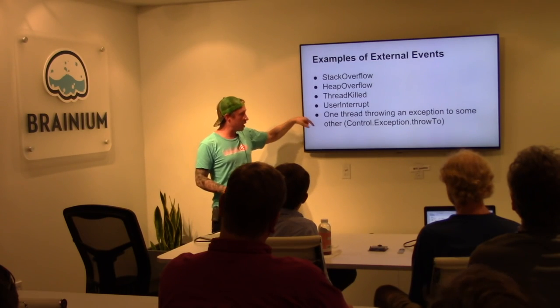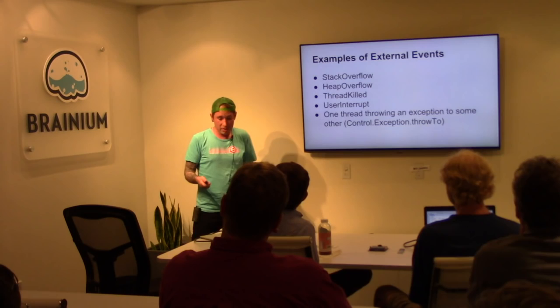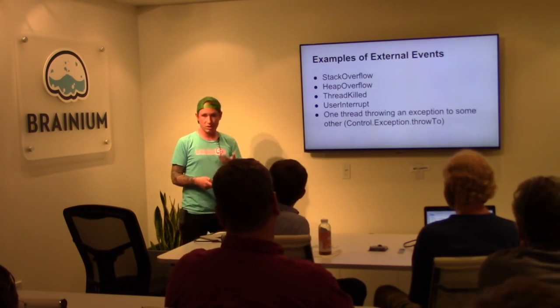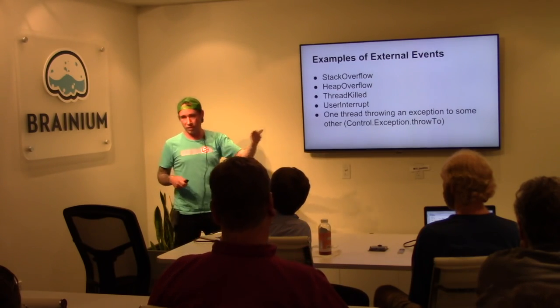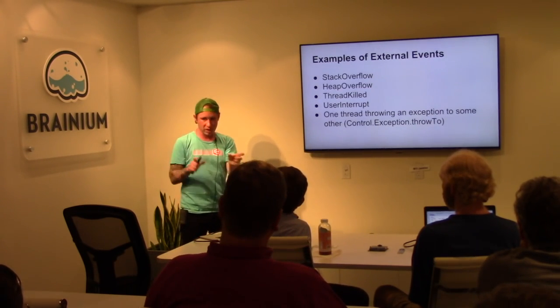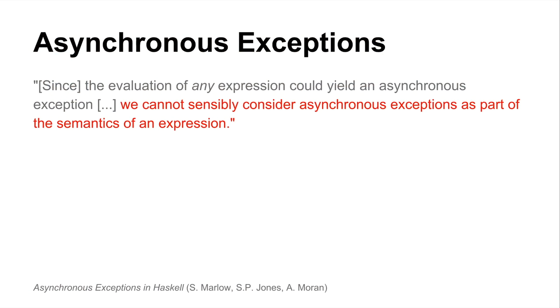These are all things that raise asynchronous exceptions, and they're not going to be part of the semantics of your program, because the stack could overflow at any point, reducing any one of these expressions that ultimately compose together to make your function. And once again, they're not part of the semantics of the expression.